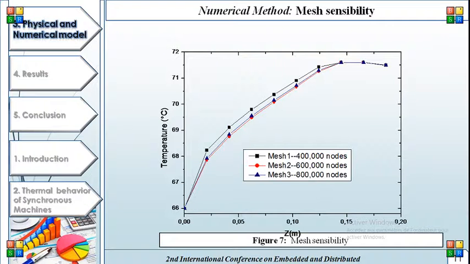The figure also shows that all three meshes gave similar temperature results, and our choice fell on the second grid, as it was found that the grid of 600,000 hexahedral nodes is sufficient to maintain a balance between accuracy and computational cost, and to capture all variables in the physical domain.